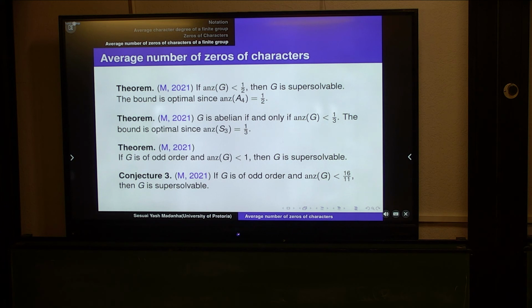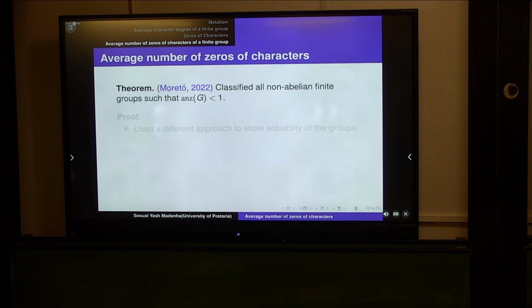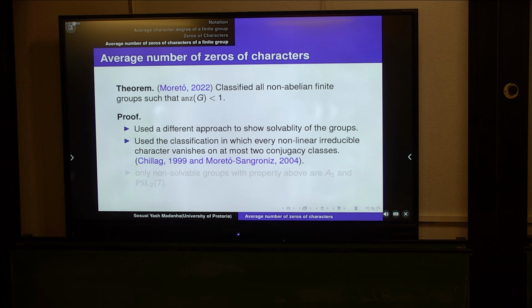And then later on, Morito came into play and said, well, I can actually classify all the groups that have average number of zeros less than 1. And so he wrote a list of it, and this proof used a different approach.